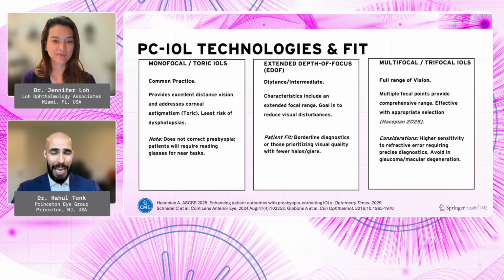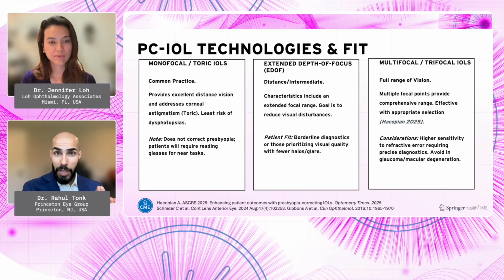Again, from a contrast sensitivity standpoint, if the patient has pre-existing disease that's degrading their contrast, let's say mild glaucoma, maybe. I think some surgeons would say, I feel comfortable implanting a lens that minimally degrades the contrast sensitivity in this eye, and that would be something like an extended depth of focus lens.